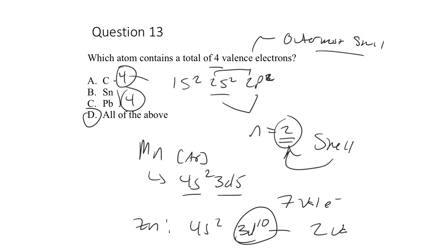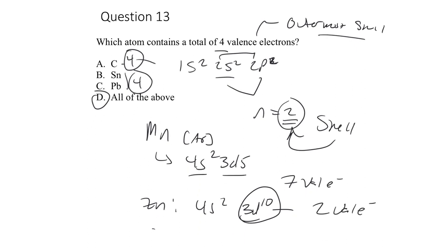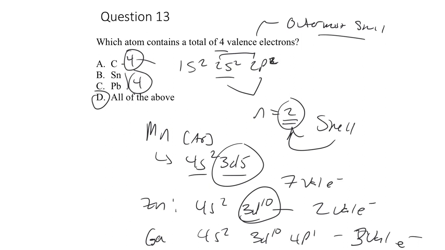So we have 2 valence electrons for zinc, and if I go to gallium right next to it, gallium's a 4s2 3d10 4p1, and so this is sharing the configuration of aluminum, so we end up having, again, just 3 valence electrons. So I can count an unfilled subshell until it's filled: the outermost shell plus anything in the lower subshell that's unfilled.